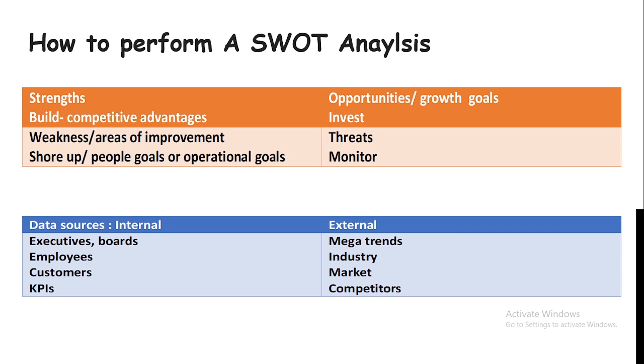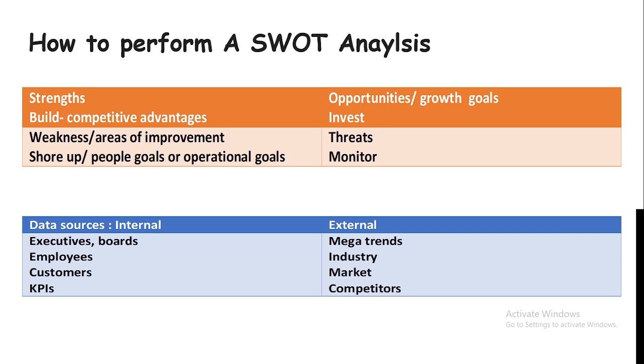Employees, in terms of capacities: do you have a strength in good internal capacity, or is it a weakness that needs improvement? Customer base: you can get feedback from your customers on the product. Is it a good product? Is it good quality? Is it serving its purpose? So you know what the areas of improvement are and what gives you a competitive advantage.